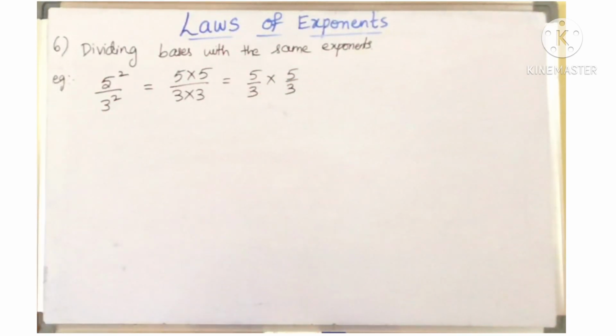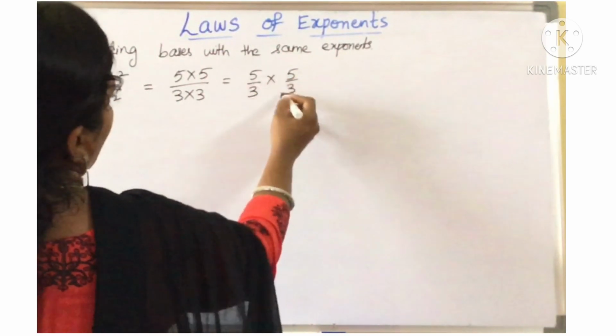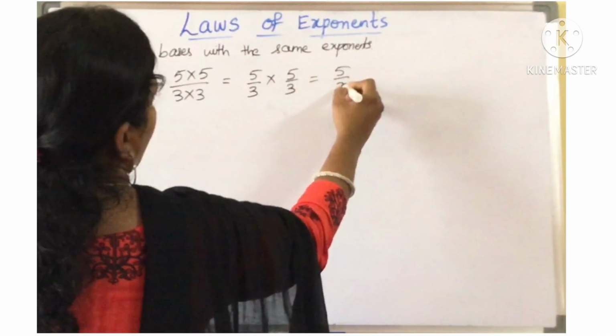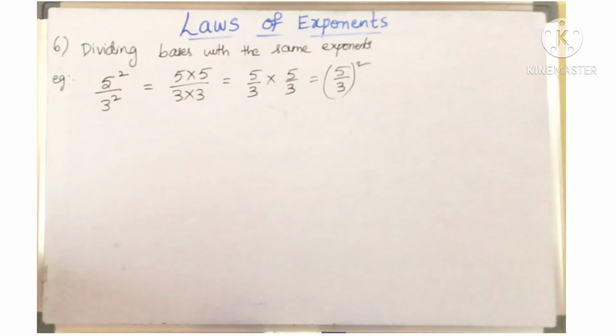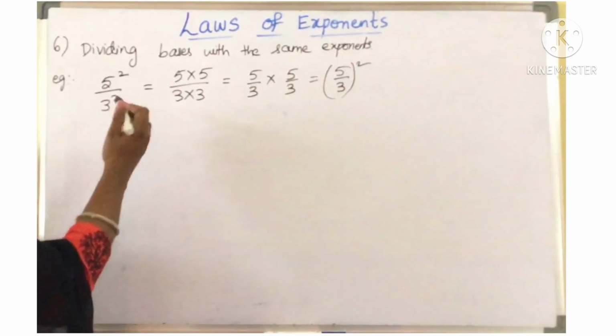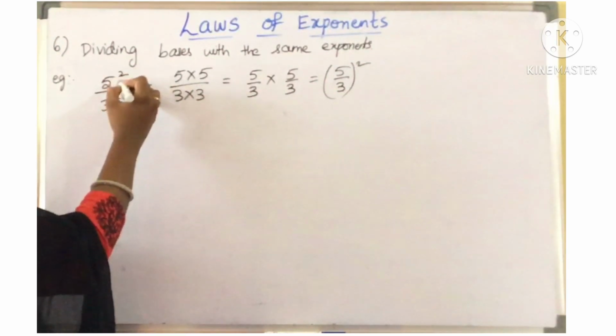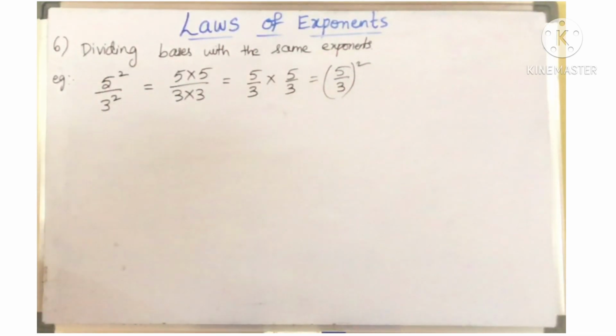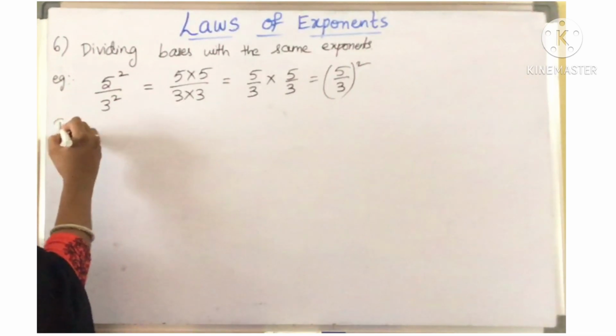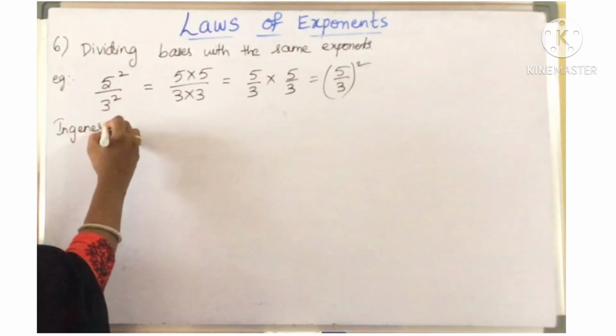Can I write like that? Yes. Product of numerators by product of denominators. So here 5 by 3 into 5 by 3 I can write as 5 by 3 whole square. What did you understand here? If the bases are different and the power is the same, we can write it as 5 by 3 whole square. Now in general, how do we write?